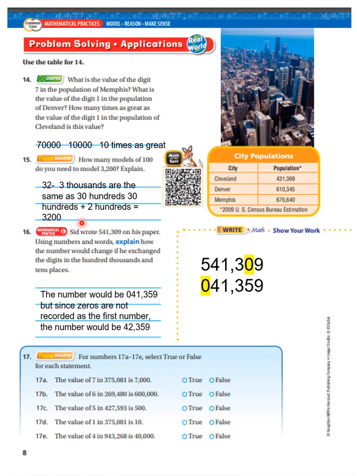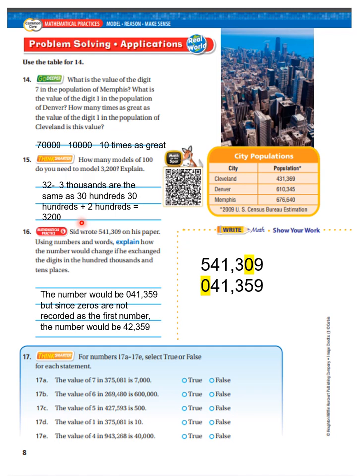Okay, so let me read that to you again. There are 32 possible answers. One possible answer would be 3,000s are the same as 30 hundreds. 30 hundreds plus 2 hundreds equal 3,200.